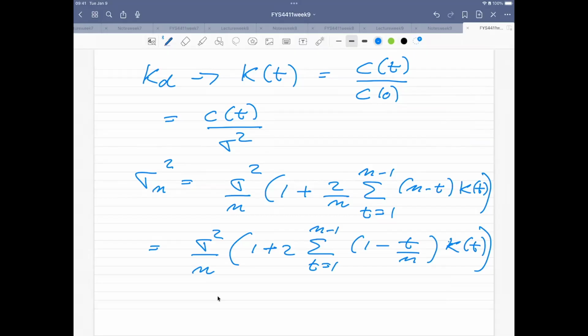So this is just a plain rewrite. In principle, what we want is that n goes to infinity. We would like to have an infinity of measurements. And this is what the blocking method deals with: us letting this n become larger and larger.